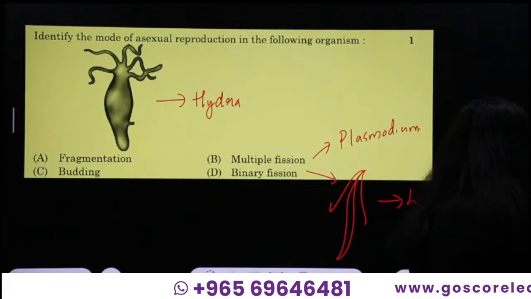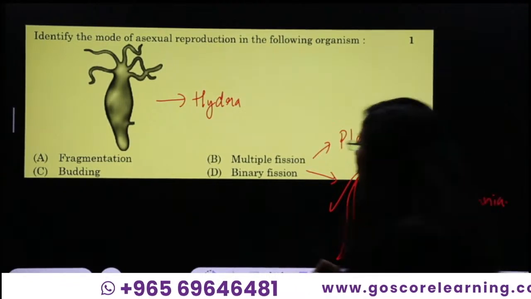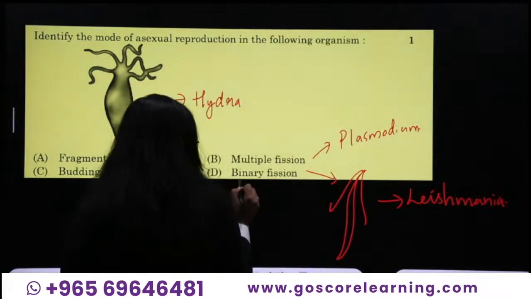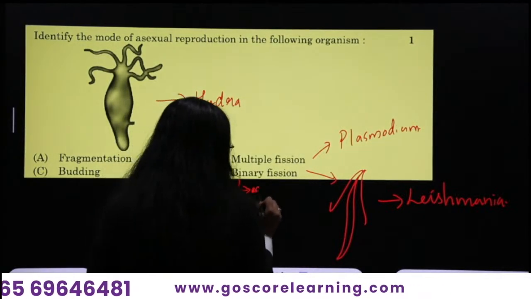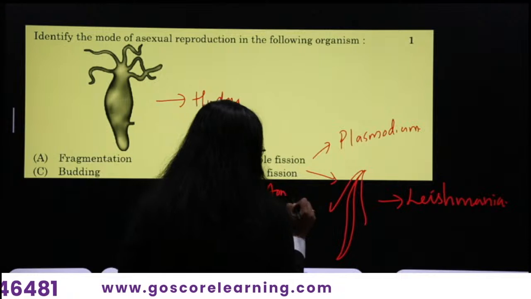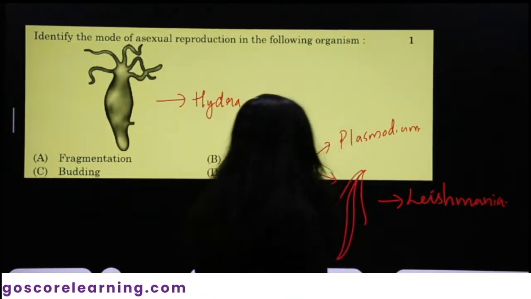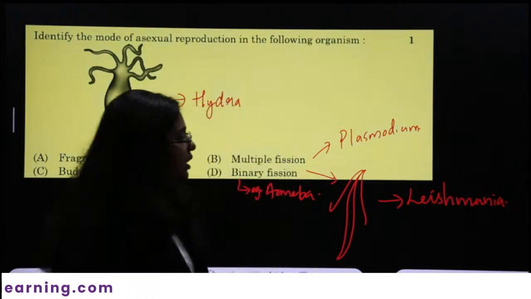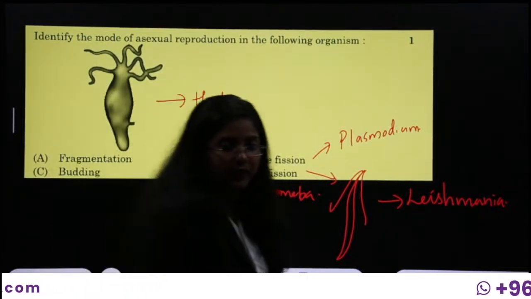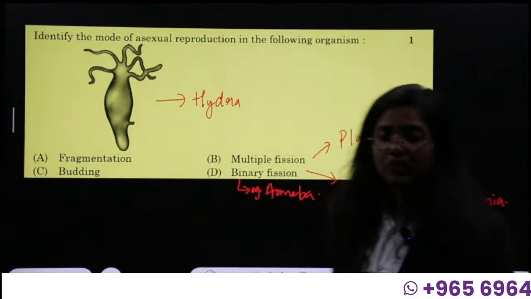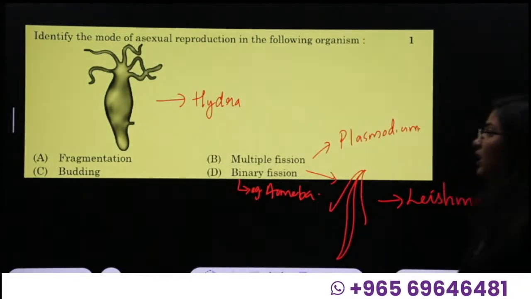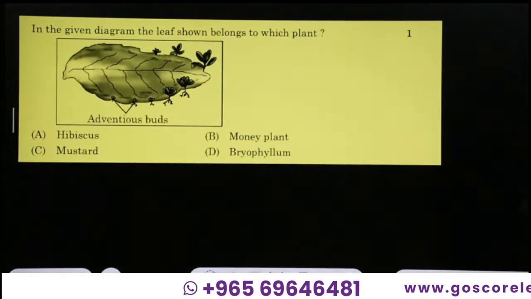So two types of binary fission: normal binary fission, where the example is amoeba, and transverse binary fission, where the example is Leishmania. Okay, clear? The correct option here is budding. What is a bud? A bud is a small protuberance.